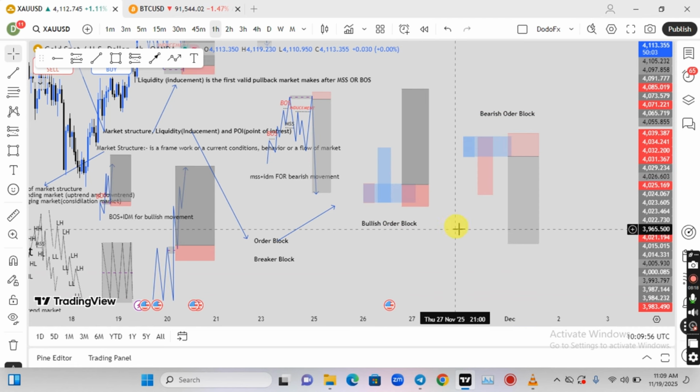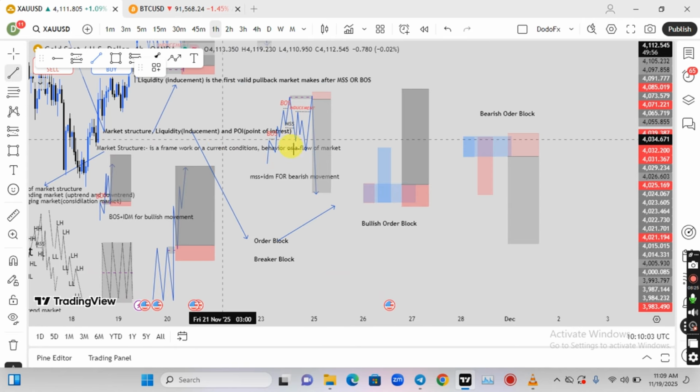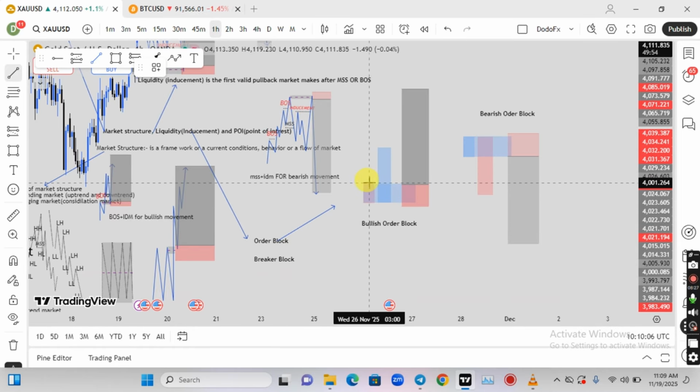So for those people asking, what if there's a wick? For instance, if there is a wick, how are we going to take our entries?